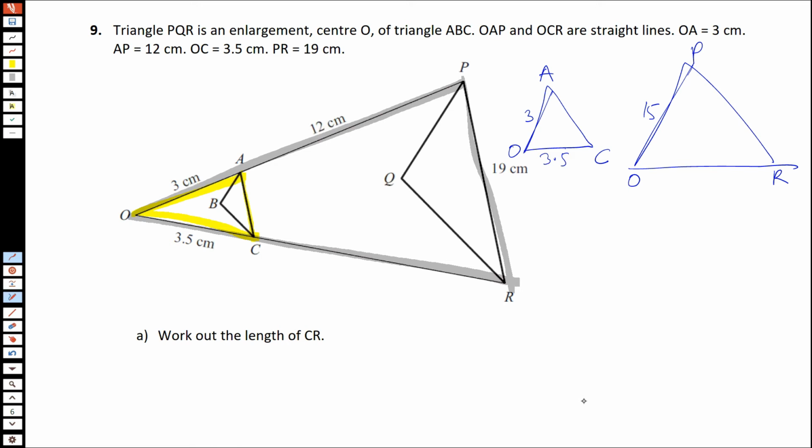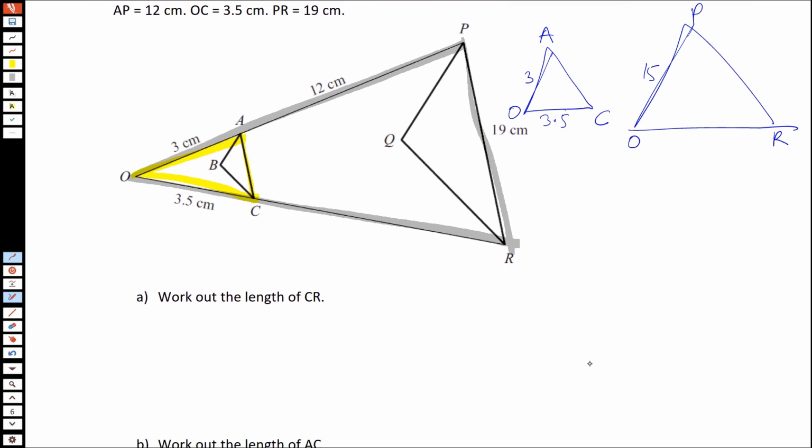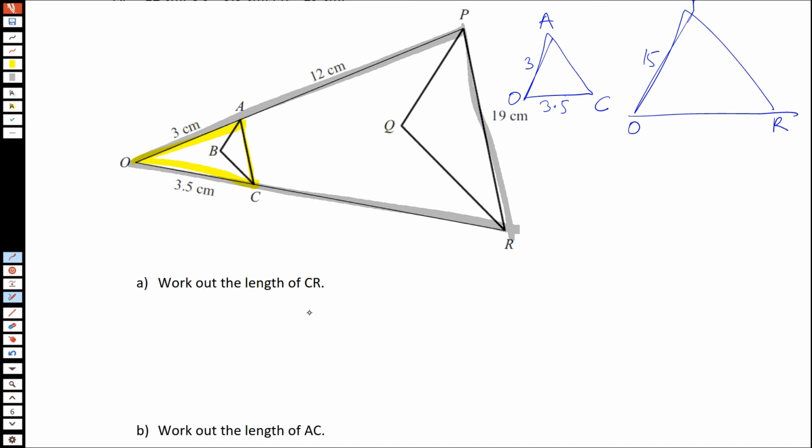So the first question is, how do we find CR? CR is part of OR. So let's just find OR first. OR, which is X over 3.5, should be equal to 15 over 3. Because these two triangles are similar, the ratios of the corresponding lengths should be equal.